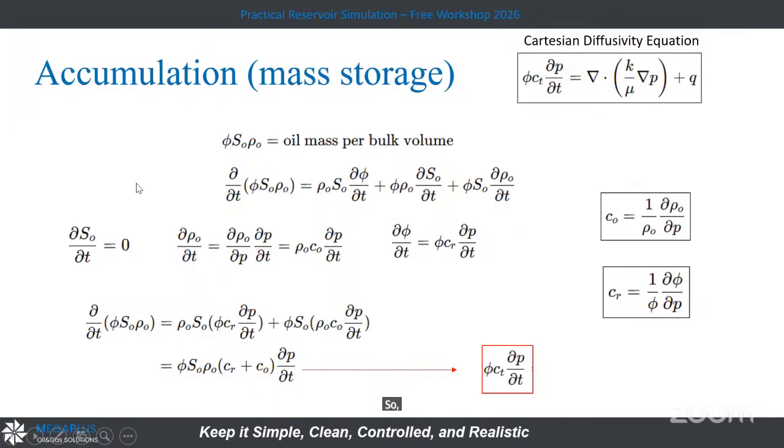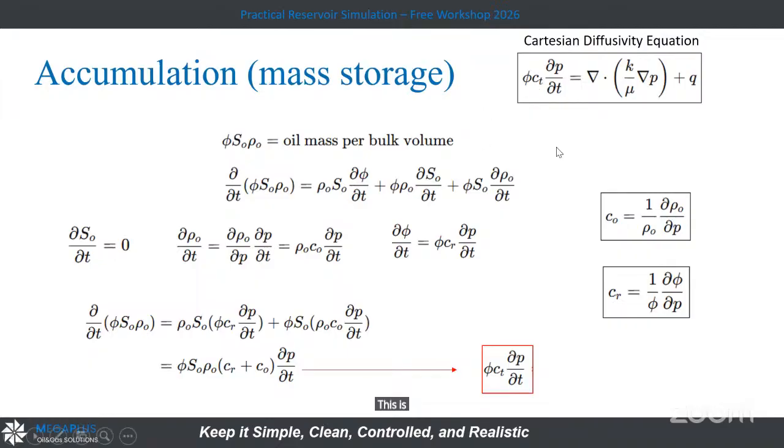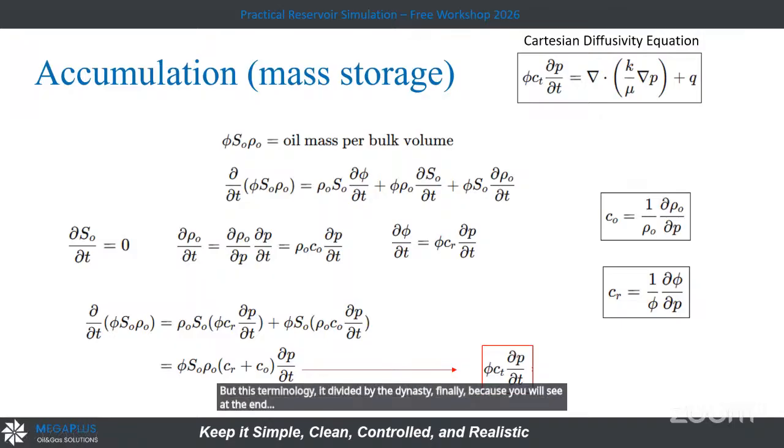So the summation of all of that will be the porosity multiplied by saturation multiplied by the density, and the compressibility of rock and oil will be the total compressibility. This is how this term happened. But this term is finally divided by the density, because you will see at the end that we are talking about mass balance.